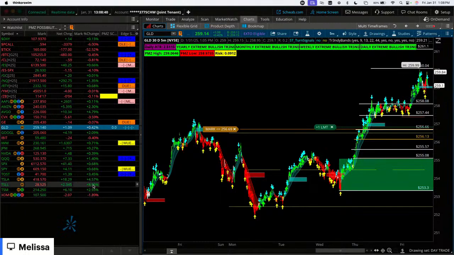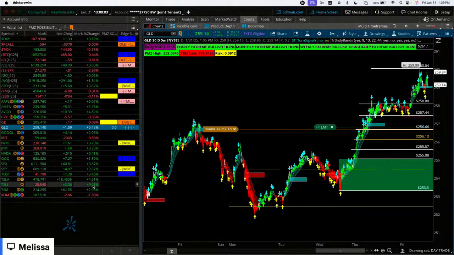So this morning, whenever I woke up and saw that the market was green, so the momentum was to the upside during the overnight session, TSLL was outperforming the overall market. So I chose to focus on TSLL for a potential day trade today.